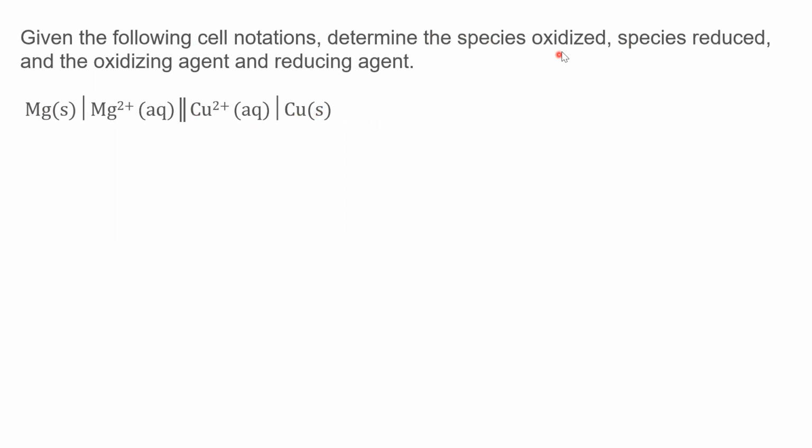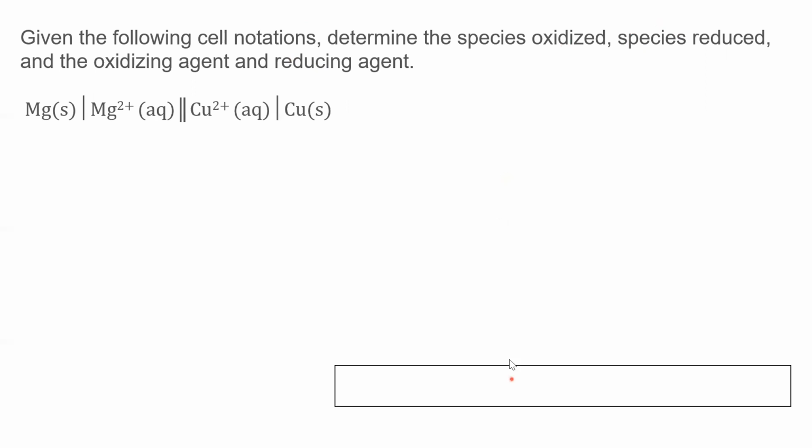We want to determine what's being oxidized, what's being reduced, what's the oxidizing agent, and what's the reducing agent. The substance that's oxidized is going to be losing electrons, and the oxidation number, or the oxidation state, is going to be going up.